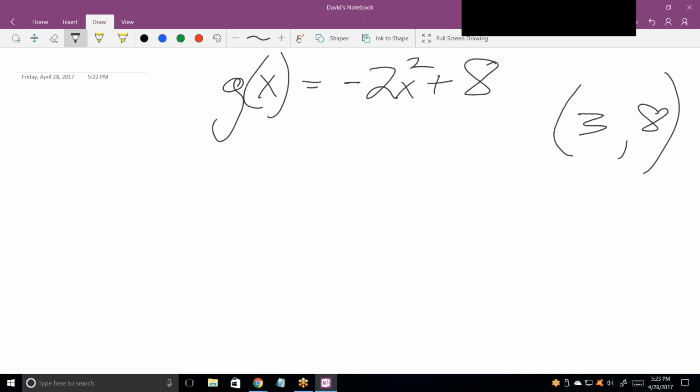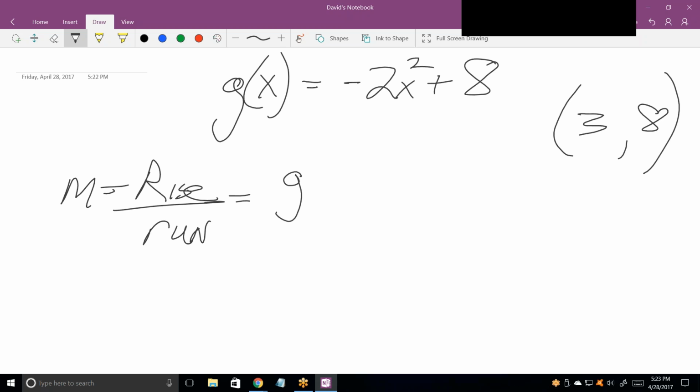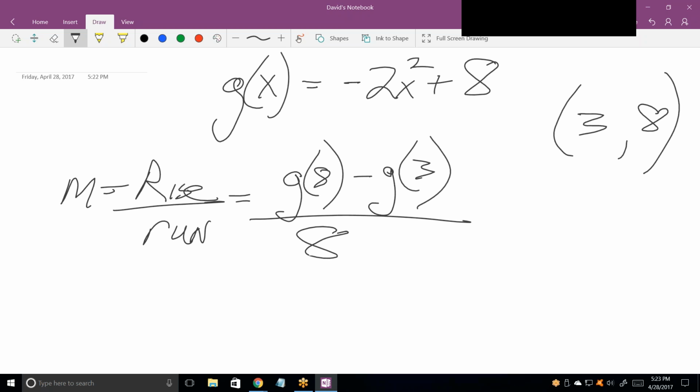So if I want the slope, rise over run, remember average rate of change means slope. The rise is g of the big number minus g of the smaller number, the first number. That's the rise. The run is 8 minus 3. Now, tell me what g of 8 is.